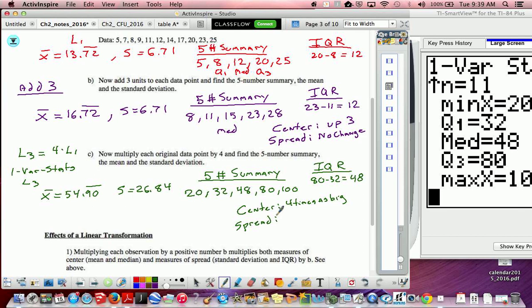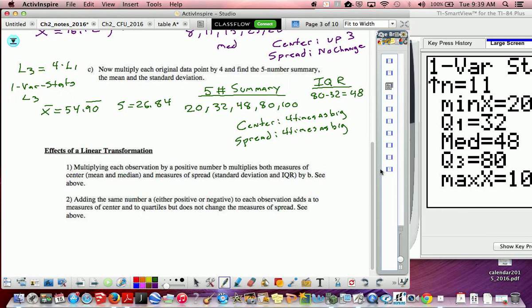It's also 4 times as big. So when we multiply or divide, it actually impacts both. So center and spread both change when you multiply, but only center changes when you're adding or subtracting some value.